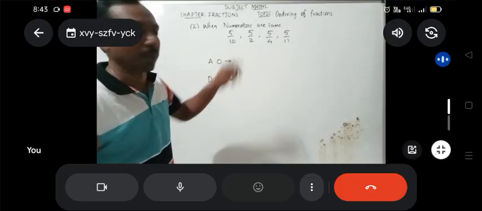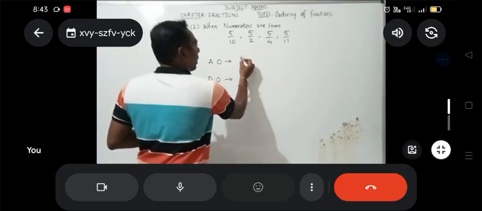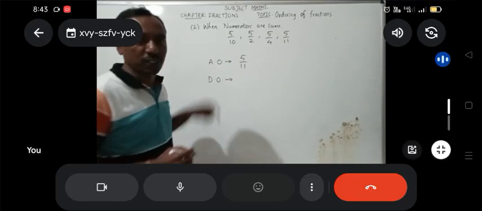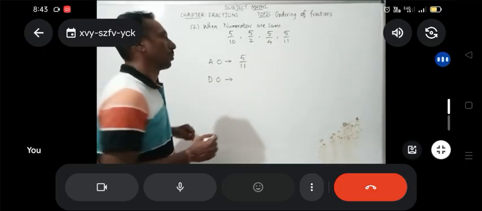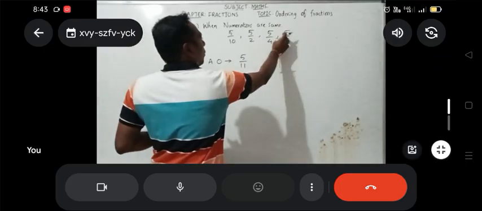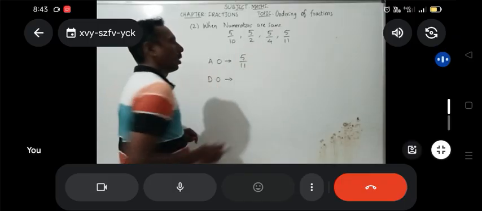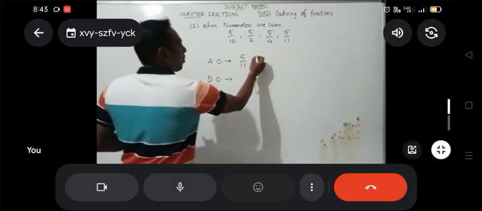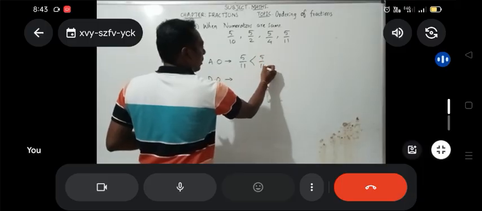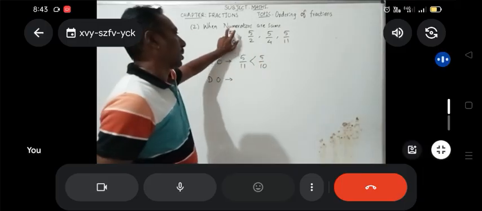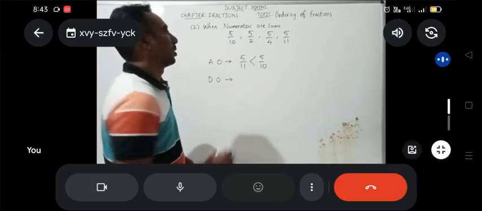So the smallest fraction among these is 5 by 11. This is the smallest one. Now leave this one. 10, 2, 4. Among these, the smallest one is 5 by 10. Now leave this one. 2 and 4 are there.